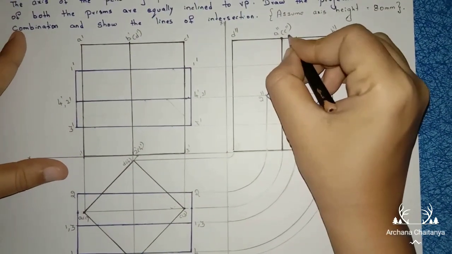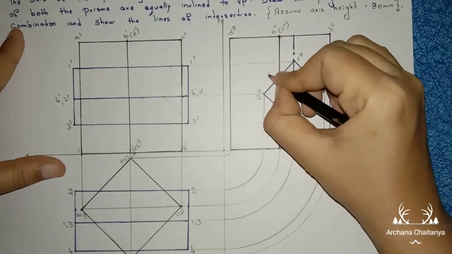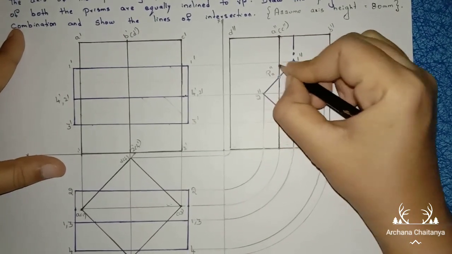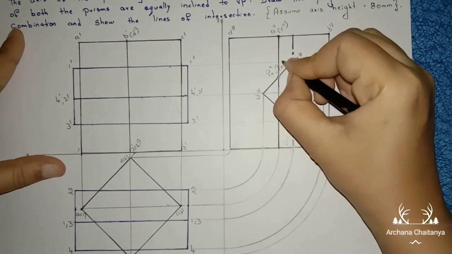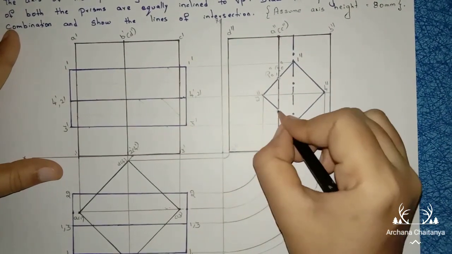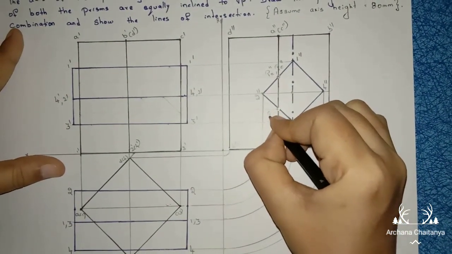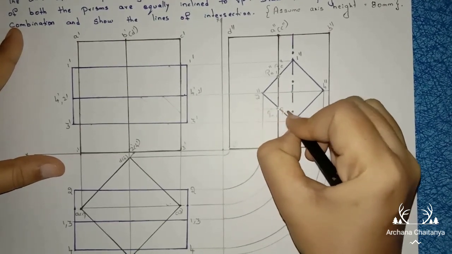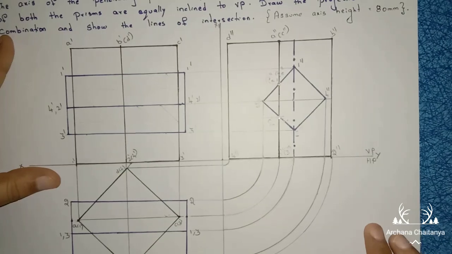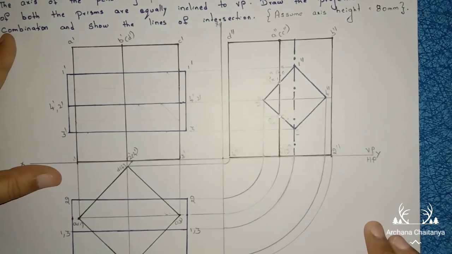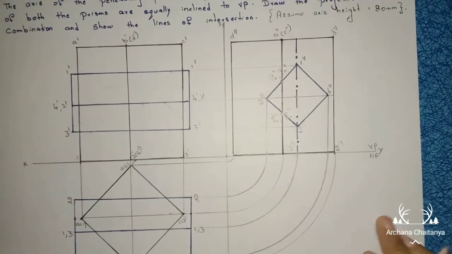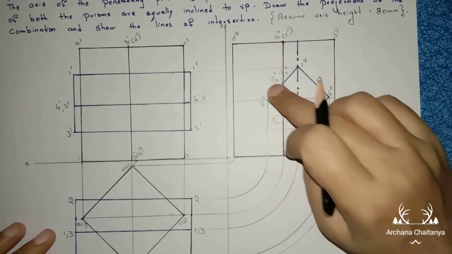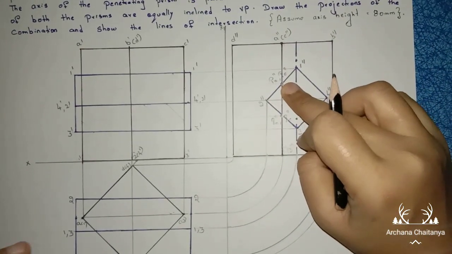So A and C, know what I am doing, PA double dash, PC double dash I am taking here. This point I am taking it as QA double dash, QC double dash I am taking here. Right, now this is the axis line, this is the square prism, this is the intersection part.